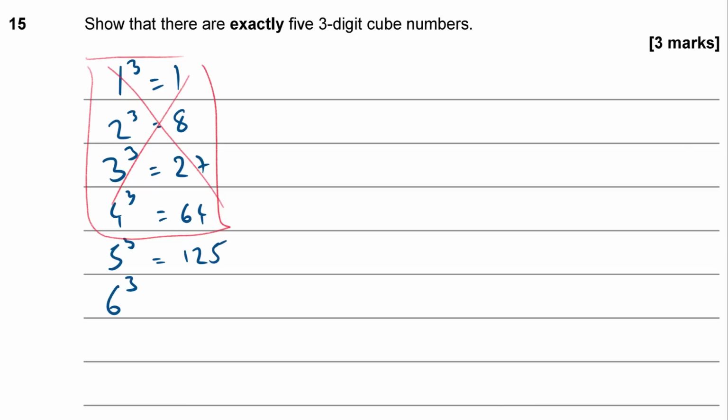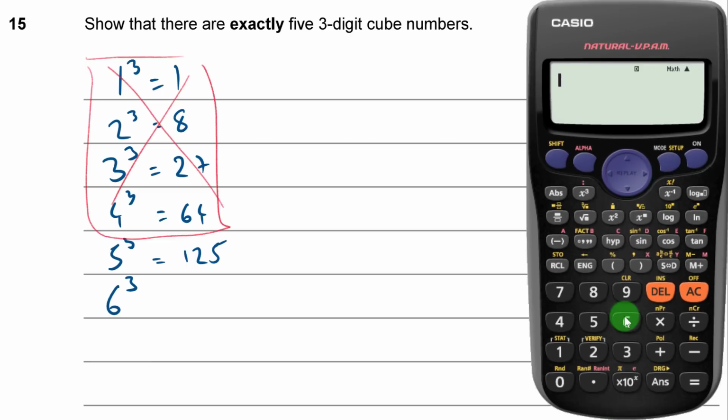Okay, so can we work out the other cube numbers? 6 cubed, well, we've got a calculator. This is a calculator paper, so we can use the cube button on our calculator to work all these out. So 6 cubed is 216. 7 cubed is 343. 8 cubed is 512.